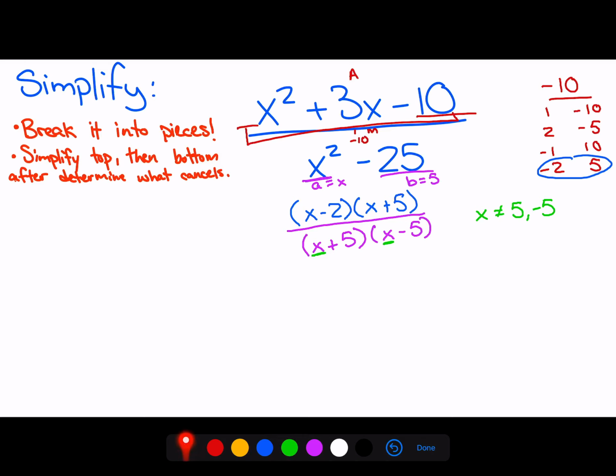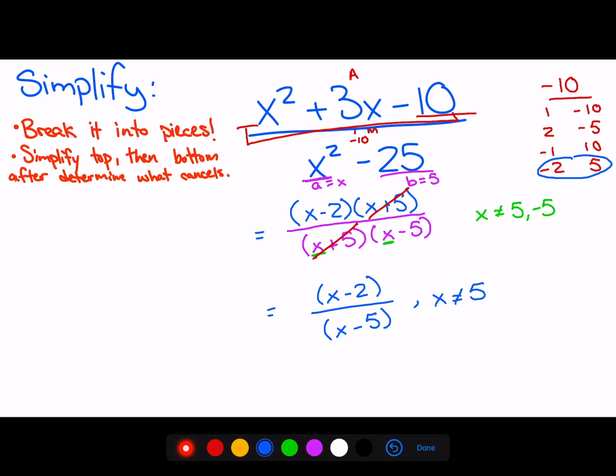Well, yes. x plus 5 is on top, x plus 5 is on bottom. They cancel each other out, my favorite part of all this math. And I'm left with my final answer being x minus 2 over x minus 5, where x cannot equal 5.